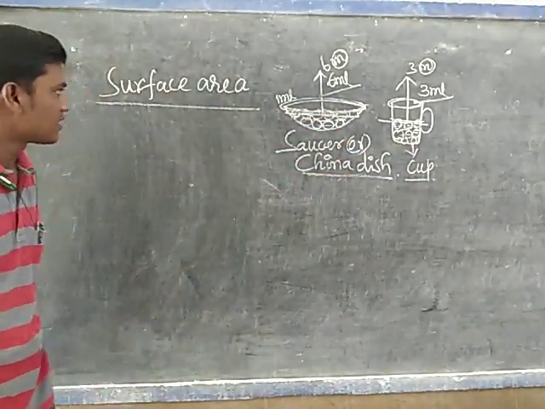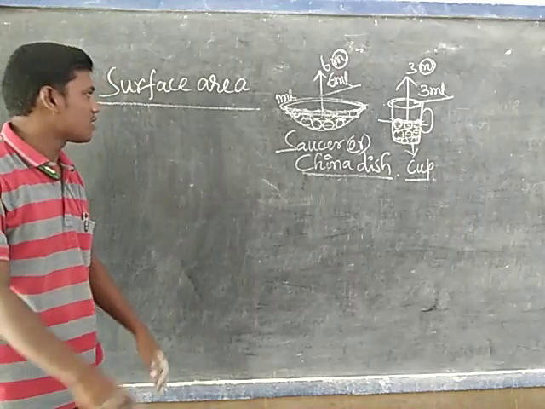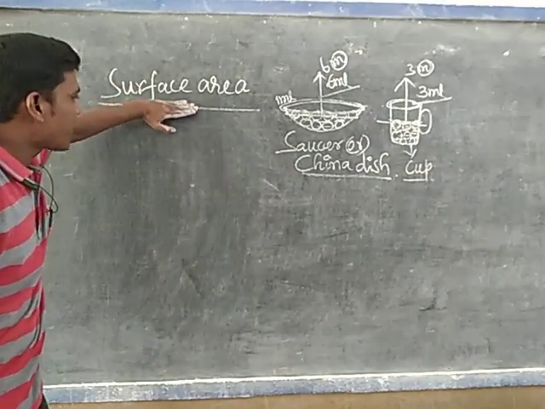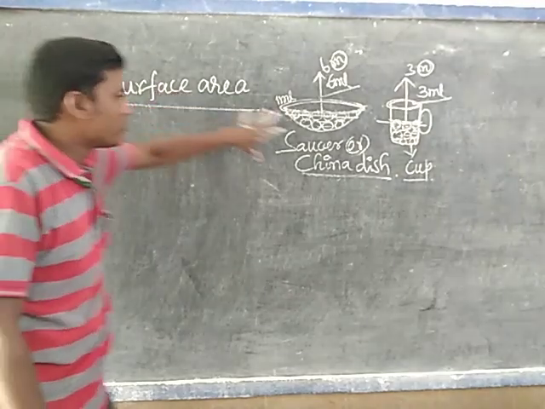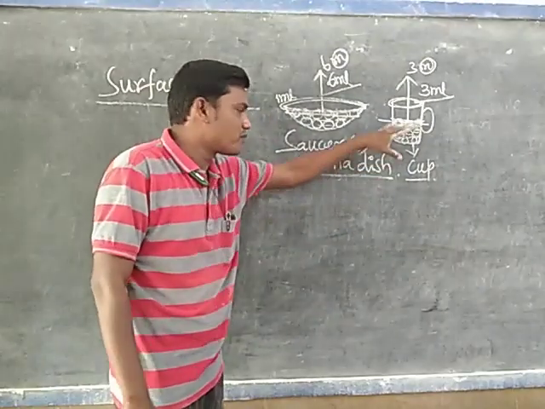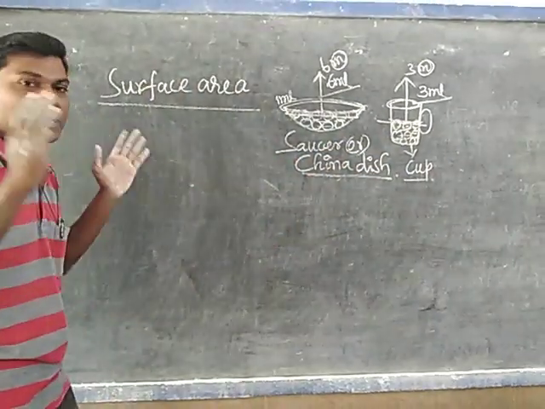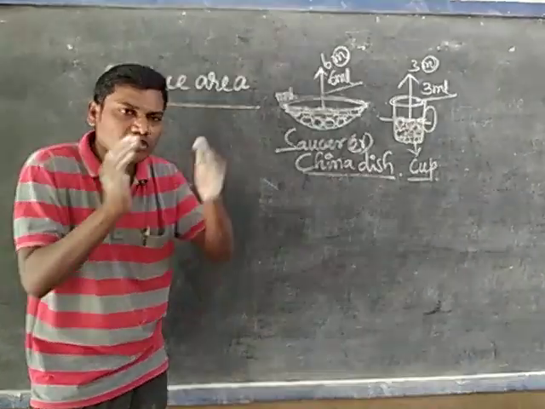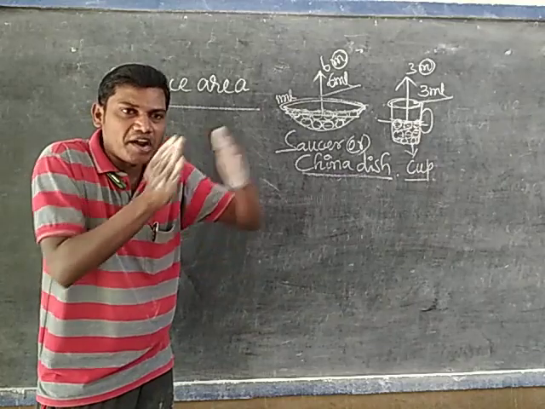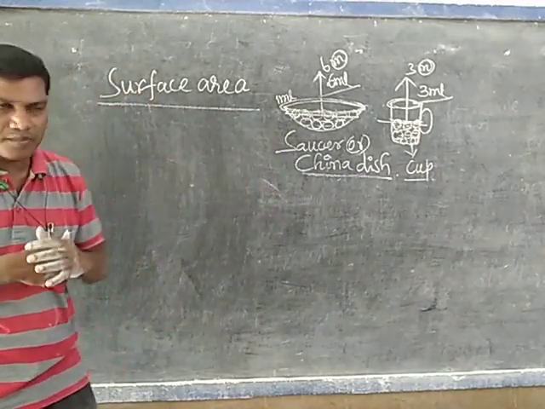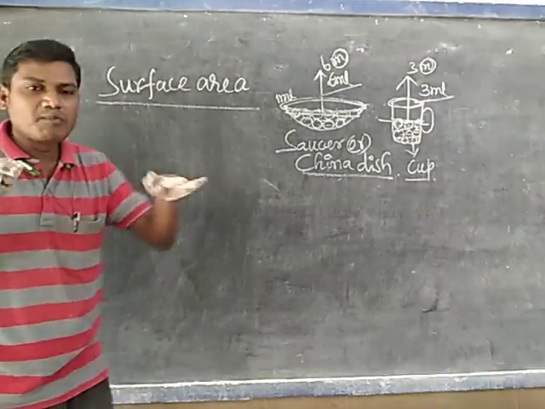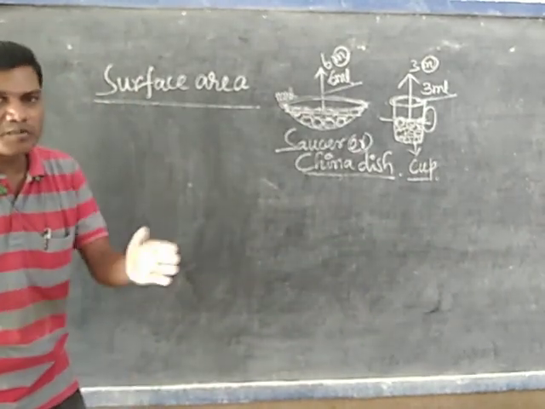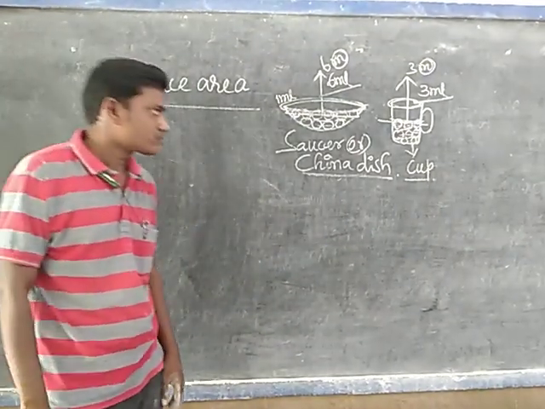So once again listen, how we can write during the examination. After putting the heading surface area, you draw the saucer, china dish and cup diagram. First of all, we take a saucer or china dish and a cup. Both are filled with the same quantity of liquid of the same nature. Now both are placed on a table. The table is already kept in the room.